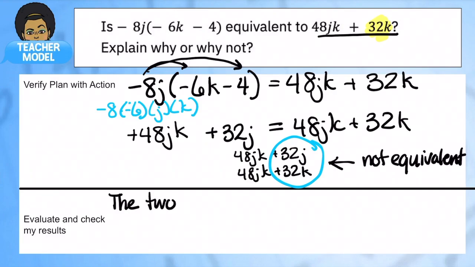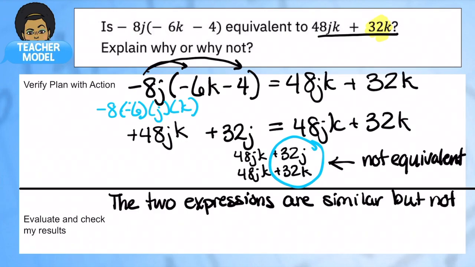The two expressions are similar but not equivalent.